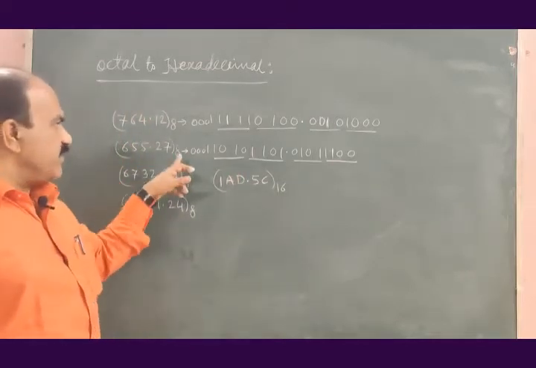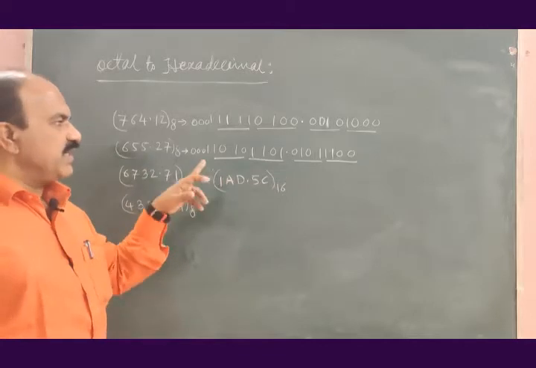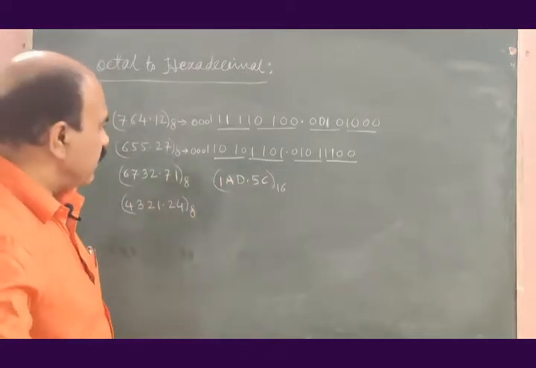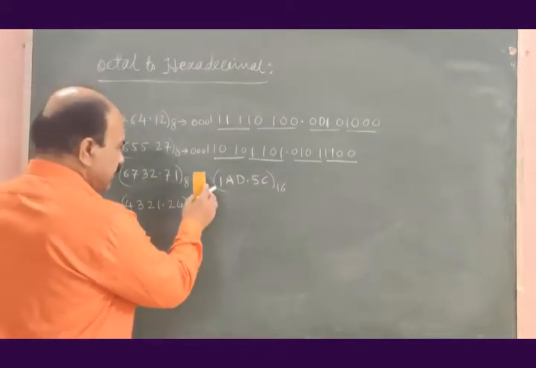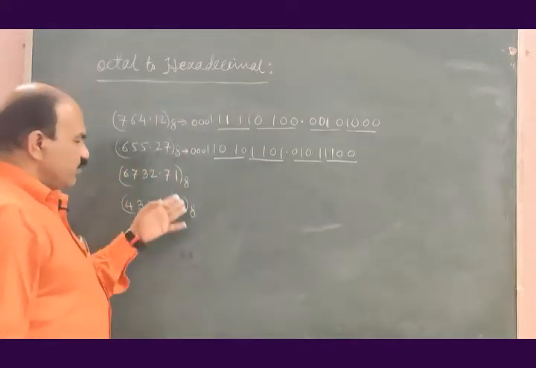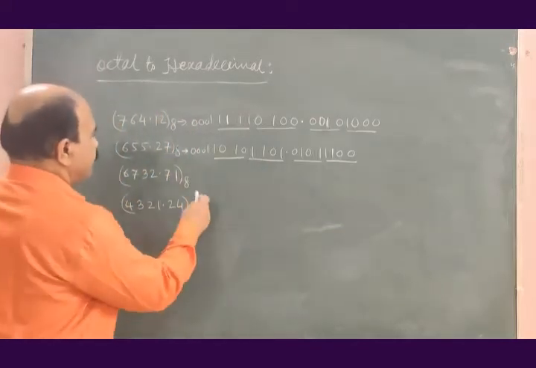This is the conversion of the second octal number to the corresponding hexadecimal. Then let us go to the third example.